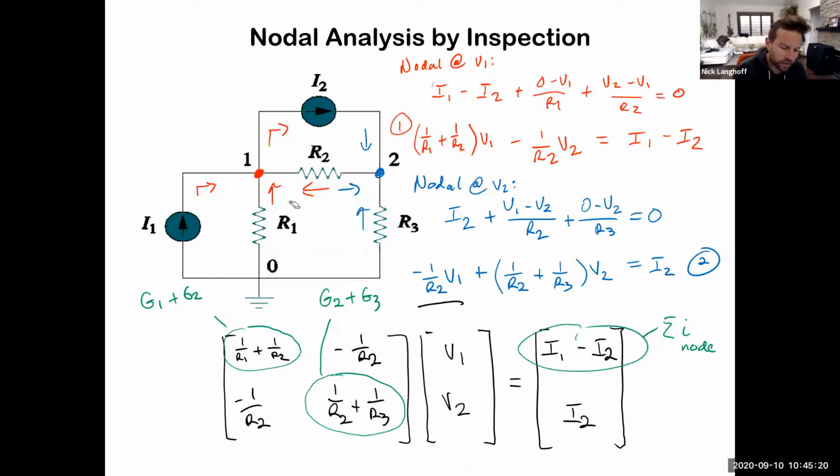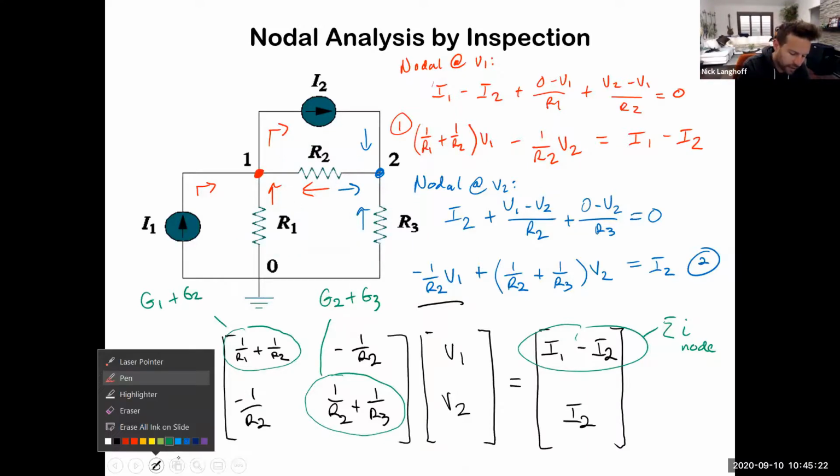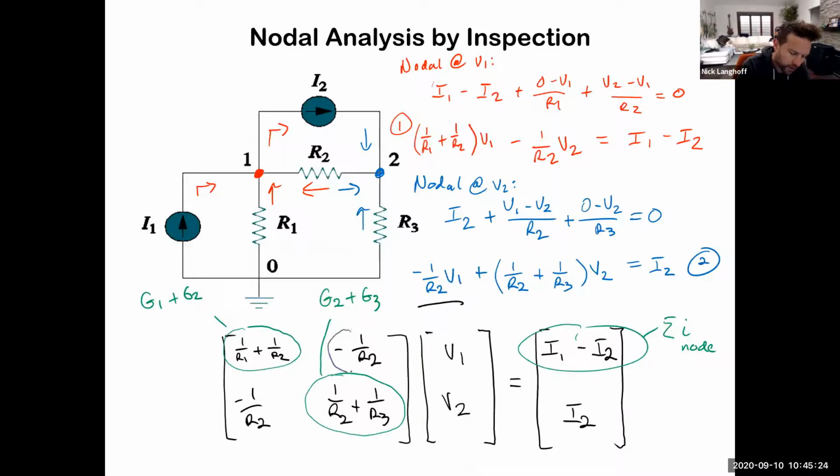Let's then also take a look at what's happening on the non-diagonals. Here's a minus 1 over R2. Huh, that's a negative G2. That's row 1, column 2. So between the node voltage V1 and the node voltage V2, there's a resistive path with resistance R2, or in other words, conductance G2, and we put it negative there.